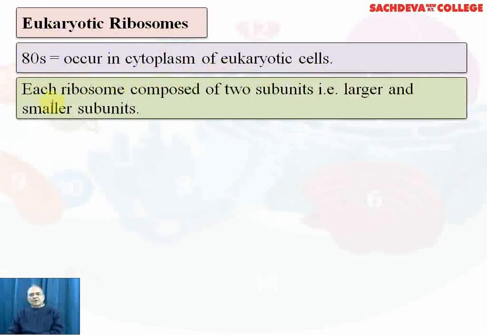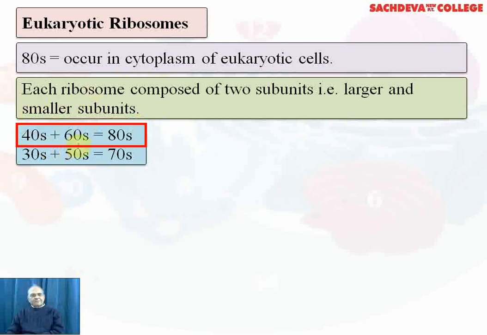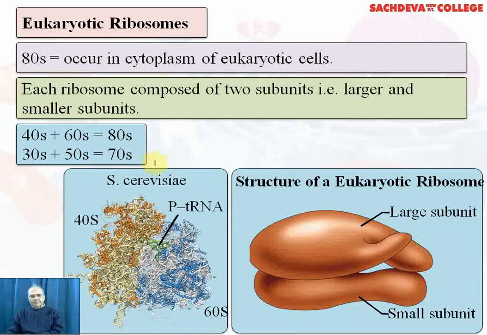Each ribosome consists of two subunits, a larger and a smaller subunit. 40S plus 60S together form the 80S, and 30S plus 50S together constitute 70S. And here you can see the structure of a eukaryotic, that is 80S, ribosome.